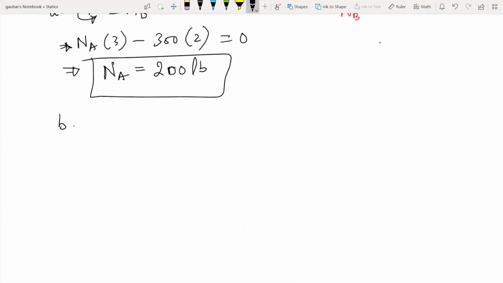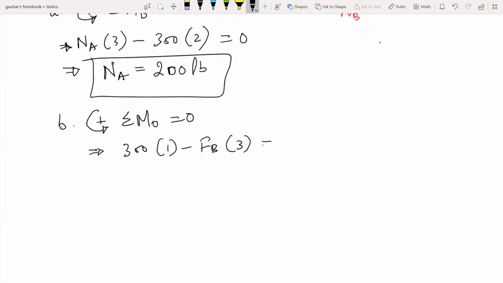Next, let's go for summation of moments at point O equals 0. If you do that, you get 300 times 1 minus F sub B times 3 equals 0.